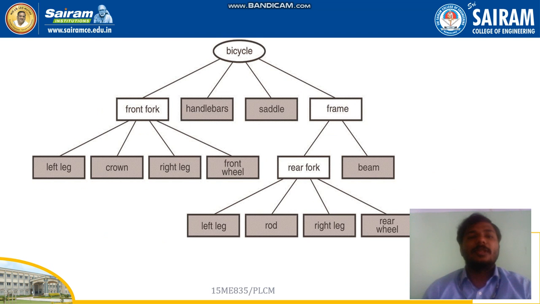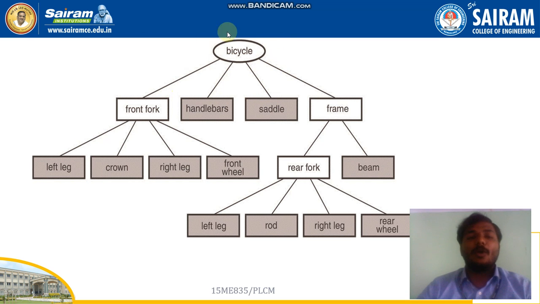Next, you can see the diagram. Just consider a bicycle as one complete product. How have we categorized its parts into different categories? The bicycle is one complete product, and it includes so many parts like tires, tubes, wheels, forks and frames.